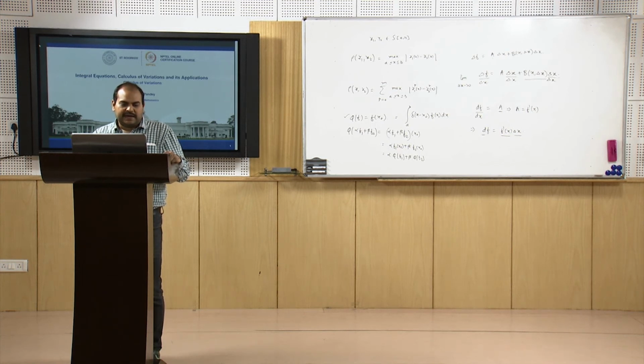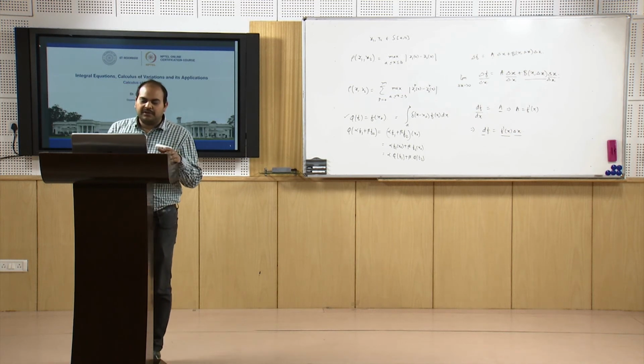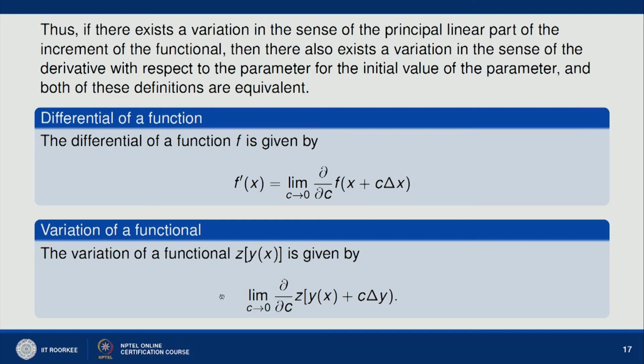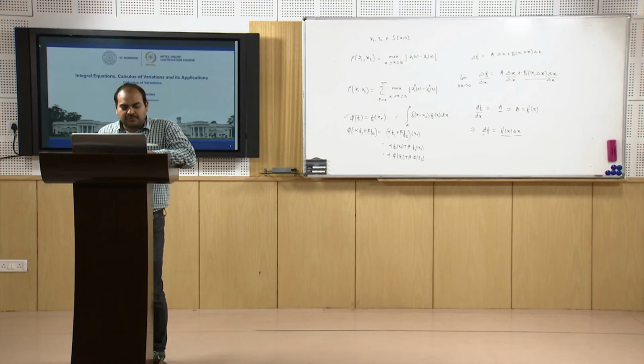With the help of the increment or variation, we can define a point which is a maximum point or minimum point. This portion we will discuss in the next class. So here we have two definitions of the variation of a functional. This definition we find useful because it is not all the time possible to represent your increment delta z in this particular form.